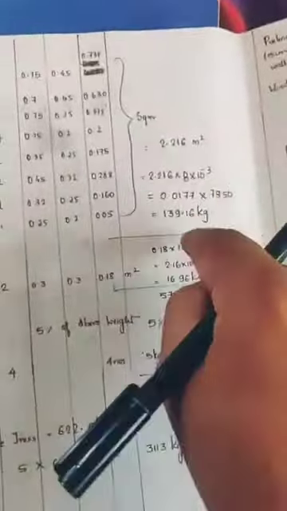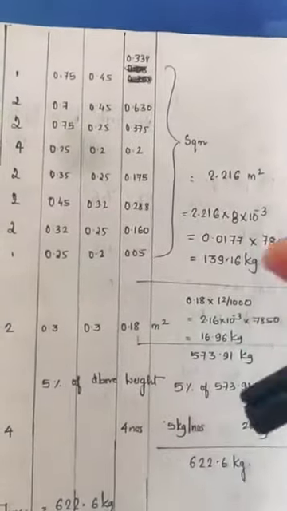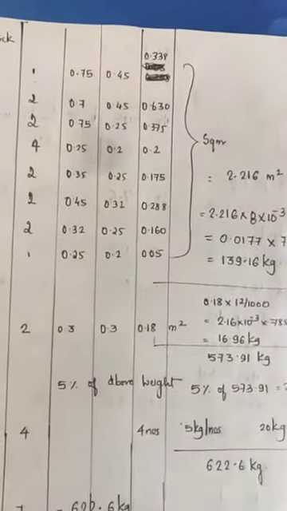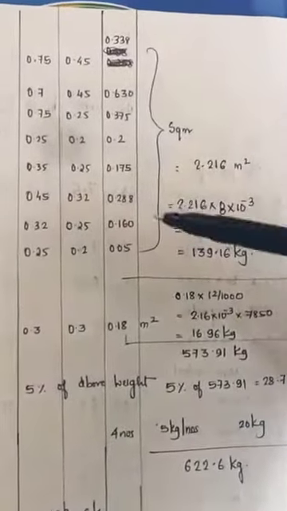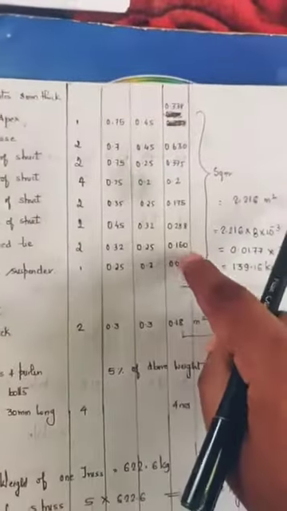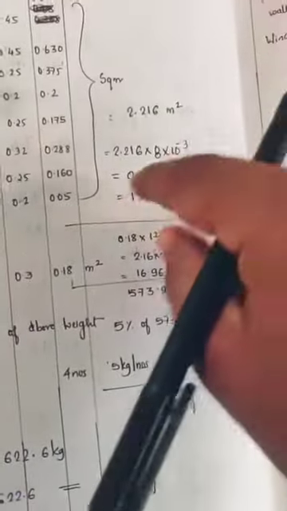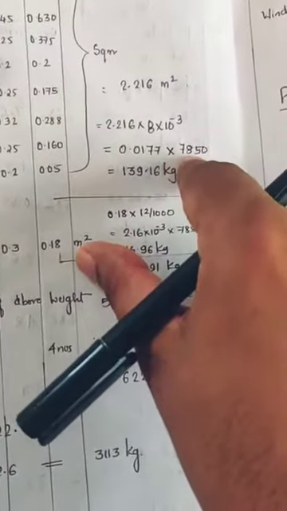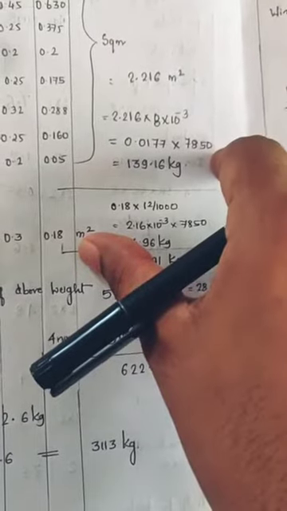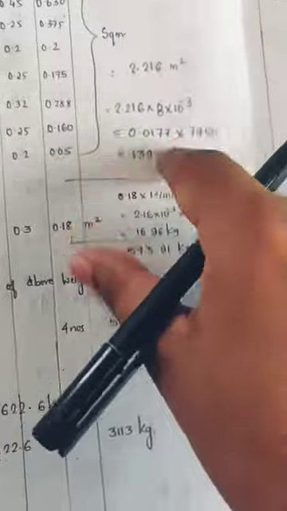For gusset plate, since there is no specific designation like we give for angles and channel sections, I sections, we calculate the area of the gusset plate in square meter, then multiply its thickness, so you'll get its volume, then multiply that to density 7850 kg per meter cube. So this meter cube gets cancelled, you will get in kgs.